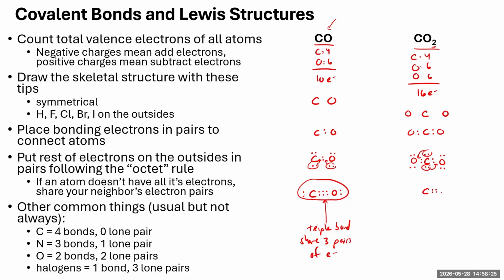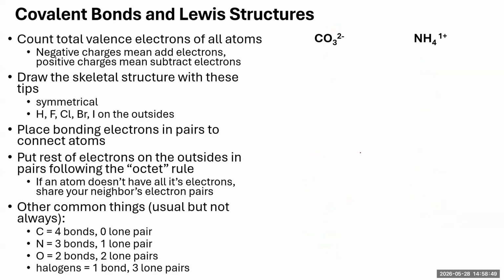Carbon with now a double bond to each of the oxygens. Oxygen has 8, carbon has 8, the other oxygen has 8. So these are double bonds. All right, we'll do more practice problems.